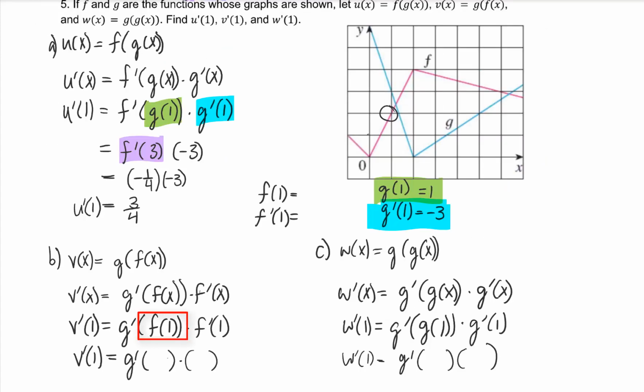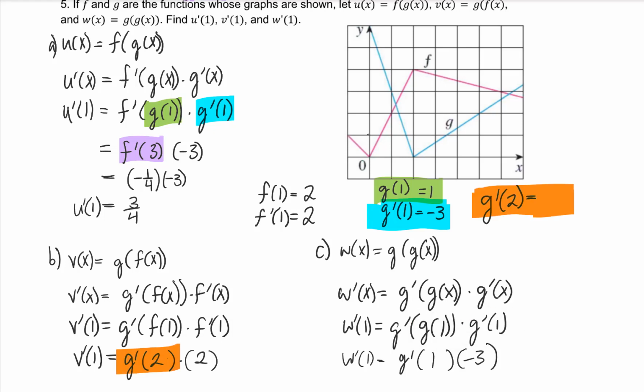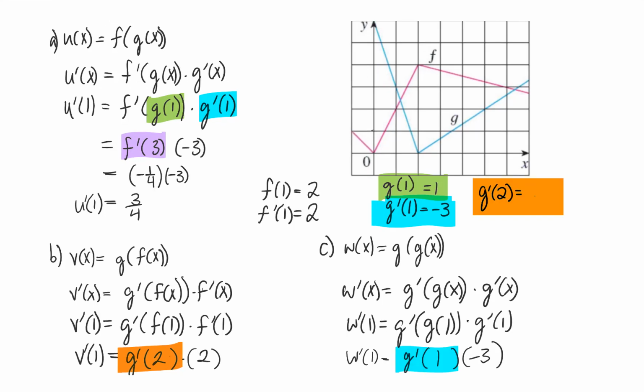F of 1 is 2. F prime of 1, the slope here is up 2 over 1. We already figured out g of 1 and g prime of 1. So the last value we need to find is g prime of 2. The derivative of g at 2 is, there's a sharp turn here.